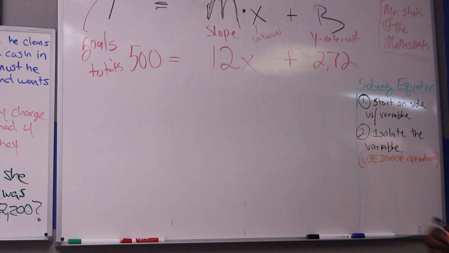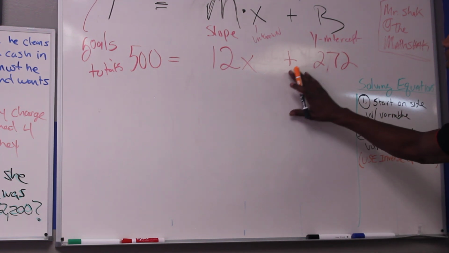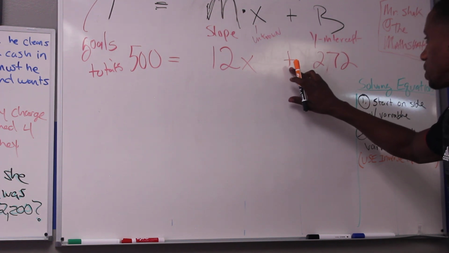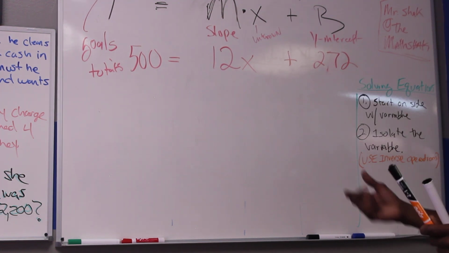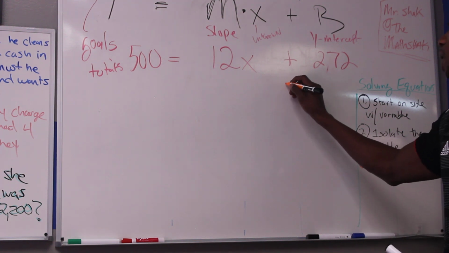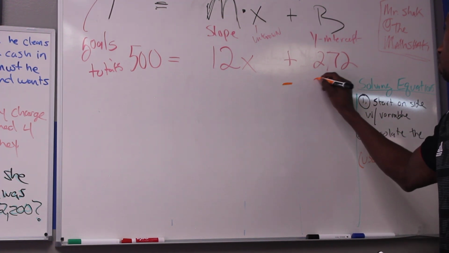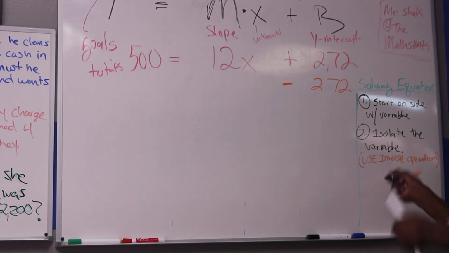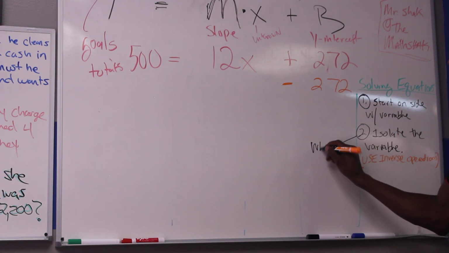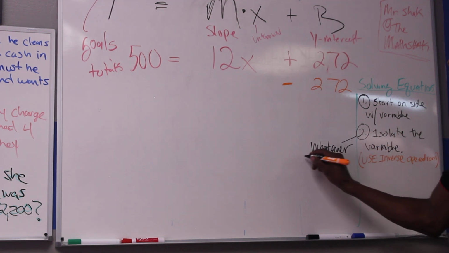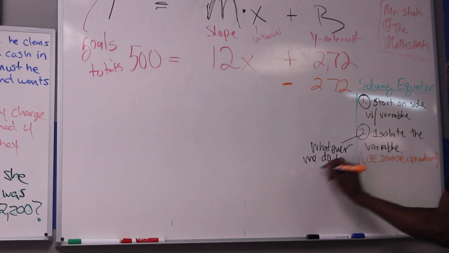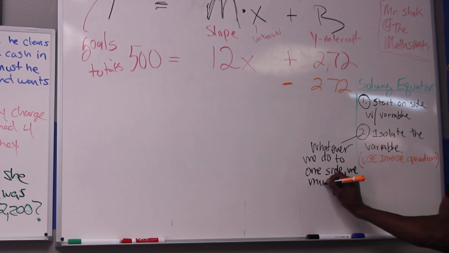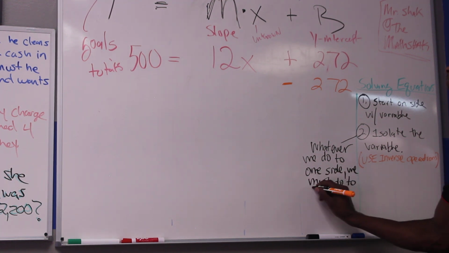Inverse means opposite. So on this side of the equation with the variable that I want to isolate, I have positive 272. The opposite of positive 272 is negative 272. And the rules state when we're isolating the variable, whatever we do to one side, we must do to the other.